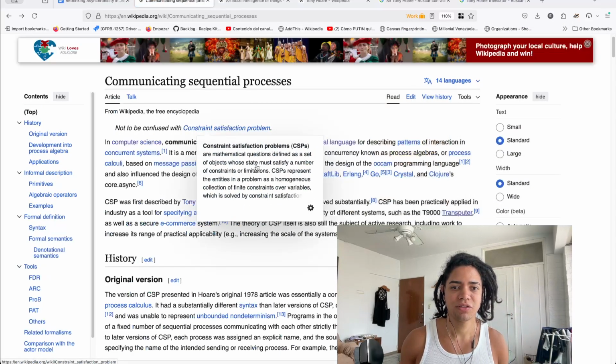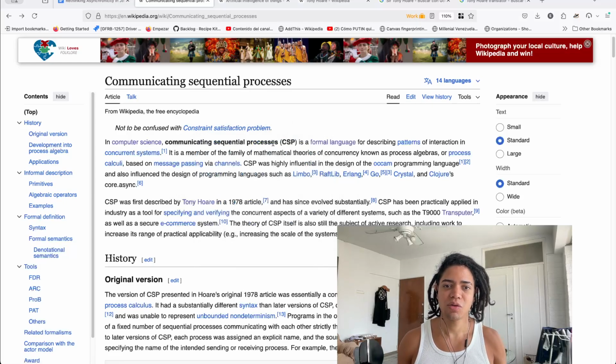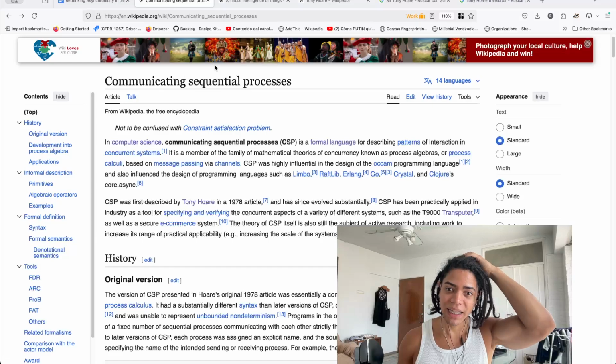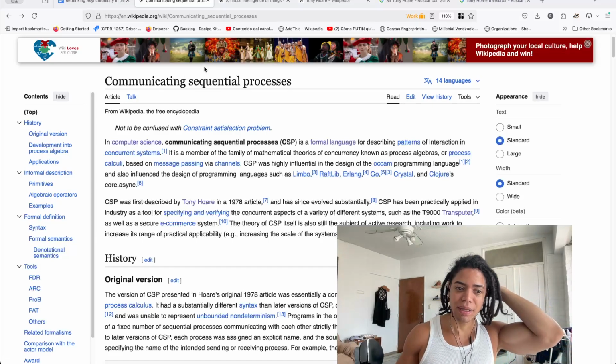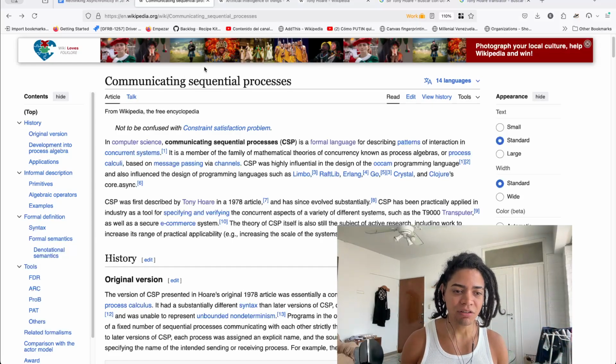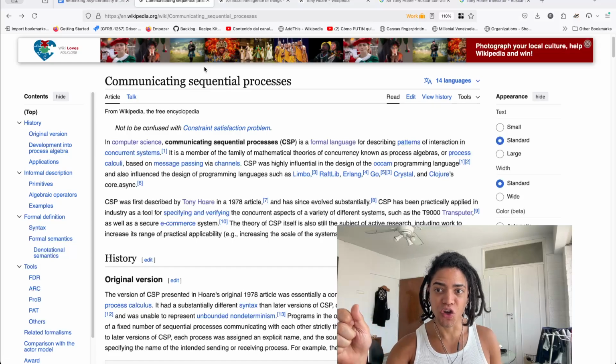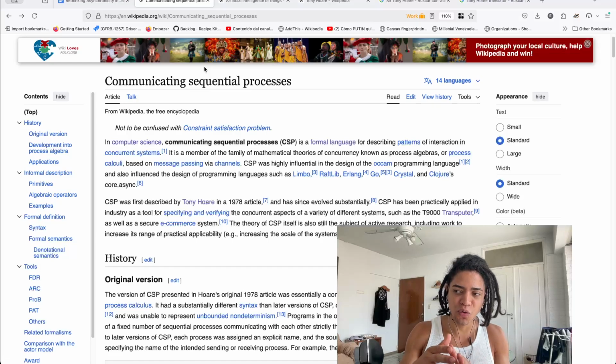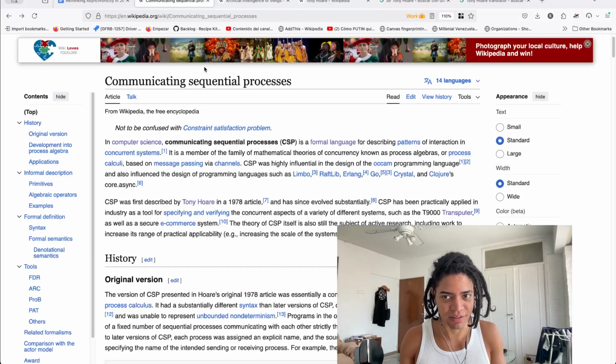So we look at this. Communicating Sequential Processes is a formal language for describing patterns of interaction with concurrent systems. How are you going to interact with a concurrent system?